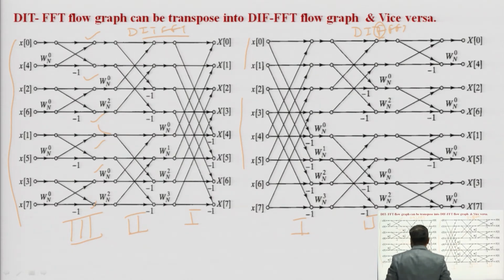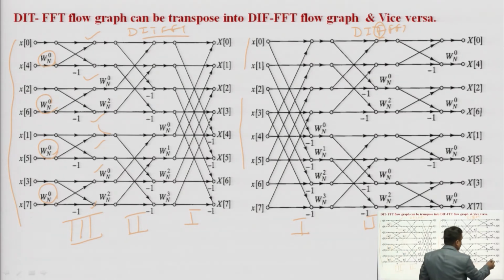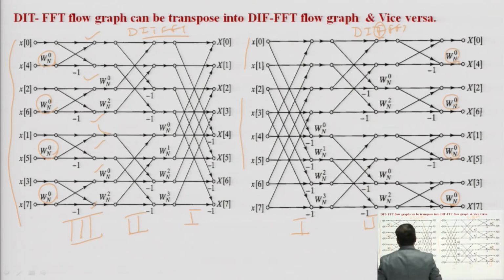Okay. In decimation in time, your multiplier W N 0, these multiplications that you are doing here, will be used before the addition, but here they will be used after the addition.